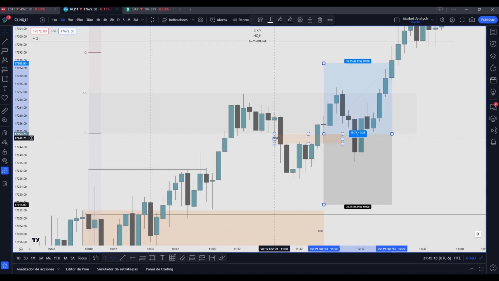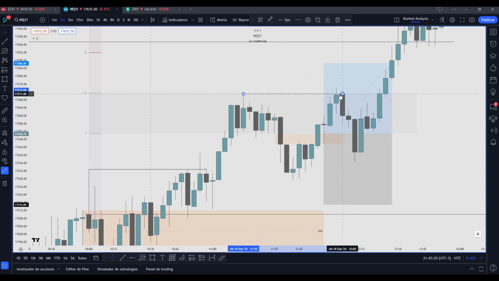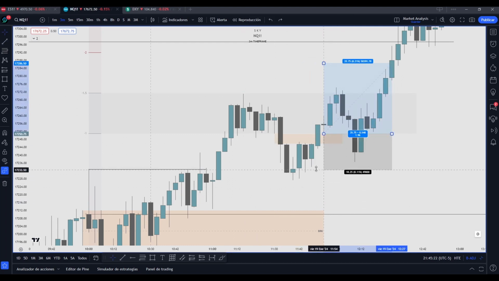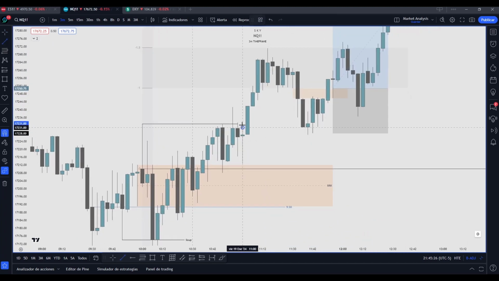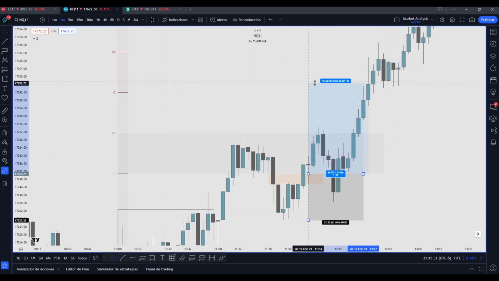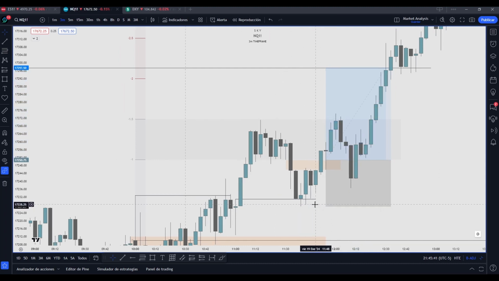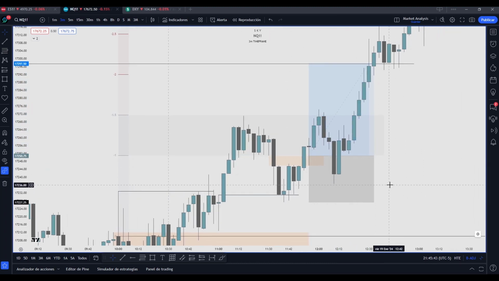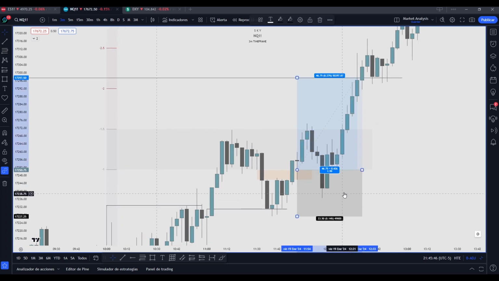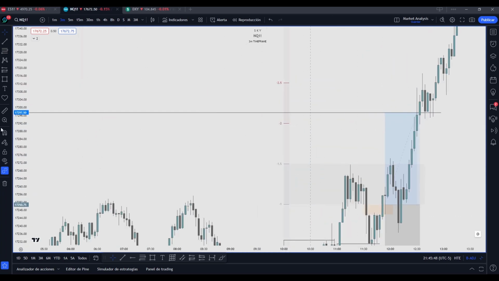Maybe take the trade here. This is the stop loss, on the intermediate term high. Target here. So let's do standard deviation. Sorry, let's do risk to reward. Maybe you can leave some runners.